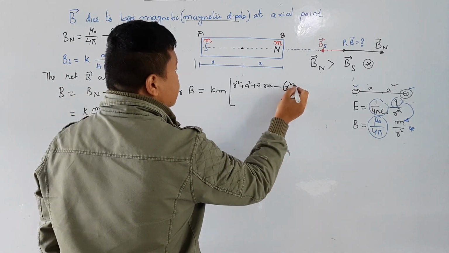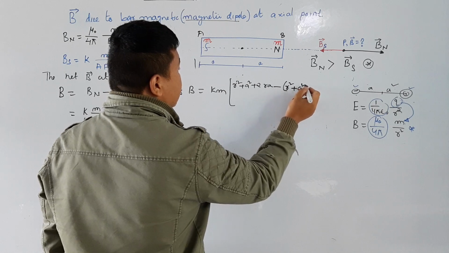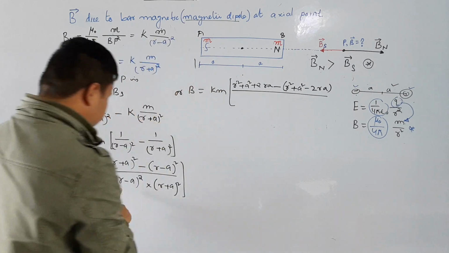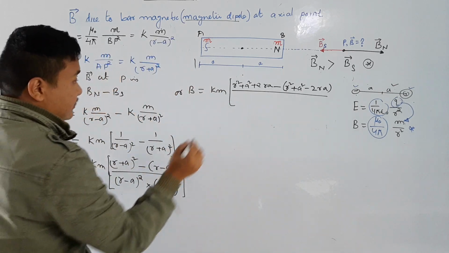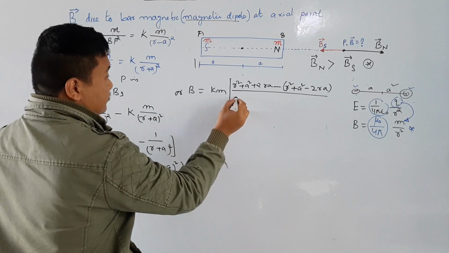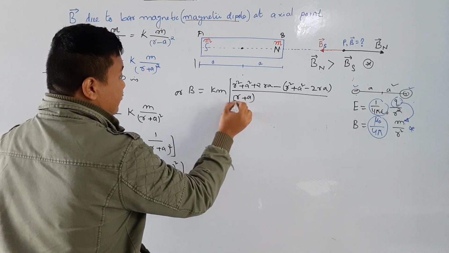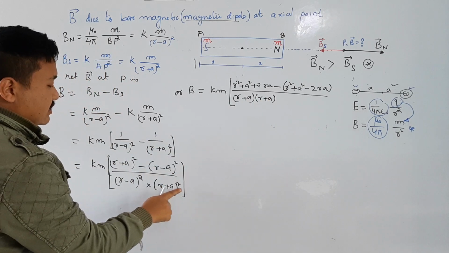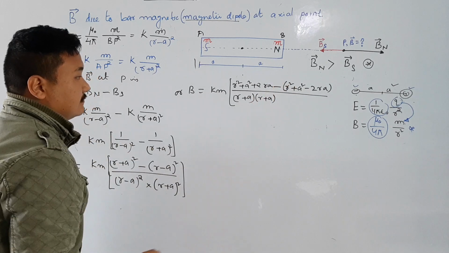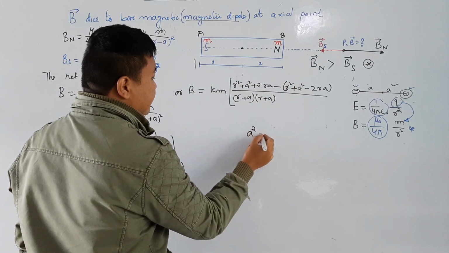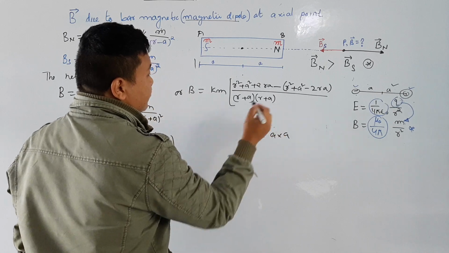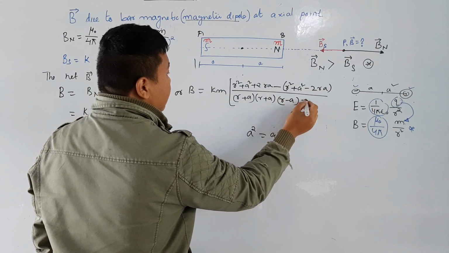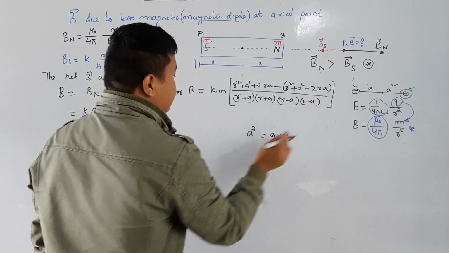So this will be r square plus a square minus 2ra, whole divided by what I can write. This can be written as r plus a into r plus a, because a square is equal to a into a, same thing. Then there is r minus a into r minus a, as same as this one.